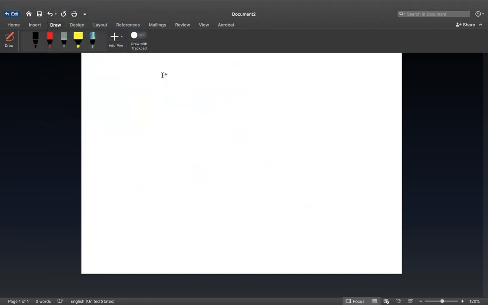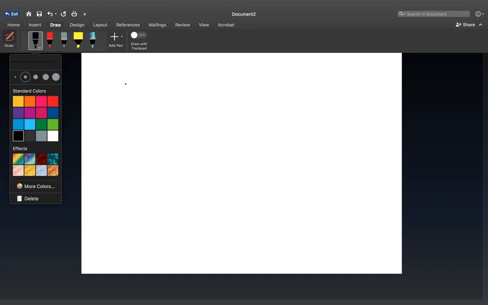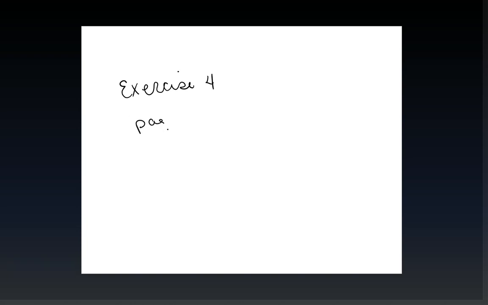So today you're going to be doing a little bit of work with that in your workbook. Your workbook lesson for today is exercise number 4. It is on page 11 through 13 today.